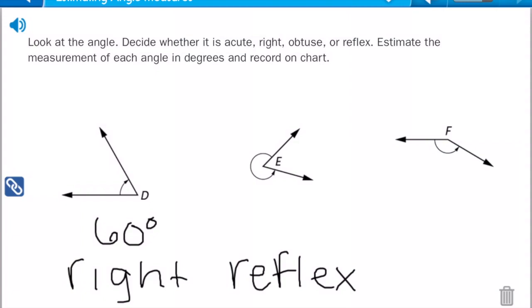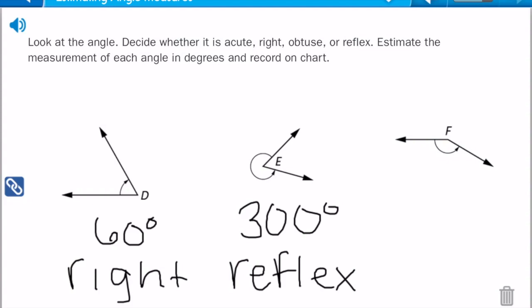I know that a half turn is 180 degrees. And if I'm looking at E right here, I can see that it's almost all the way around. If it was all the way around, it would be 360 degrees. But it's not, so I'm going to say that it's a little bit less. My guess is that it would be around 300 degrees. So that's my estimate for that one.